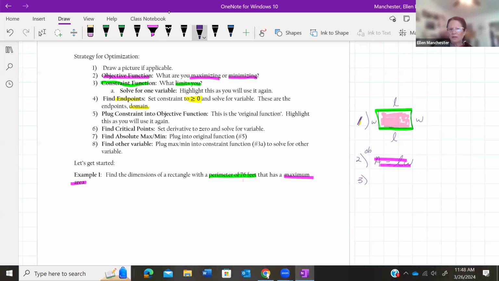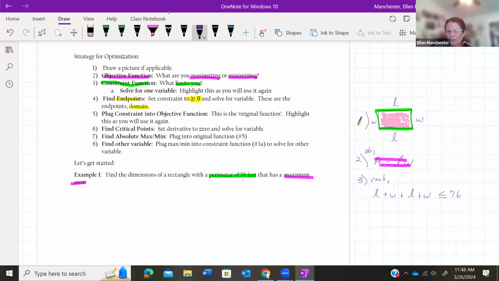Our constraint, or what holds us back, is that we only have 76 feet. Well, 76 feet of what? Well, here is your formula. We have length plus width plus length plus width has to be less than or equal to 76.